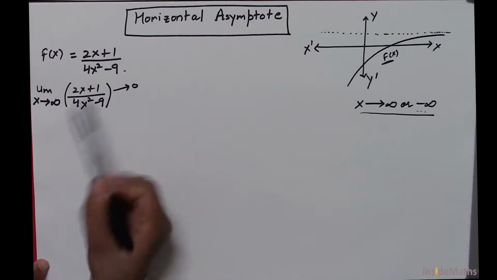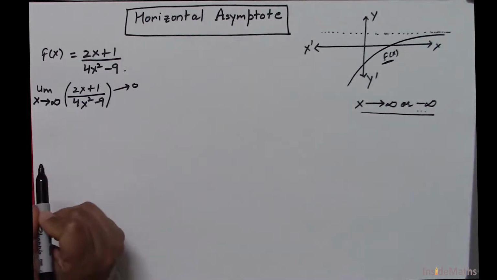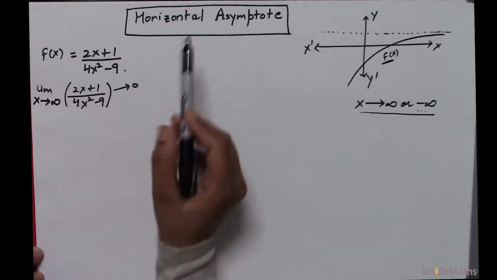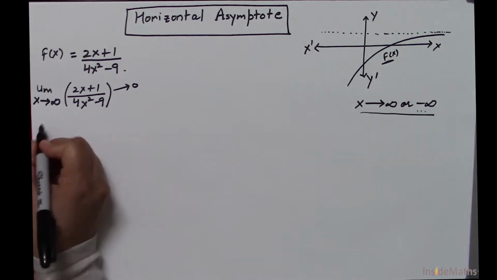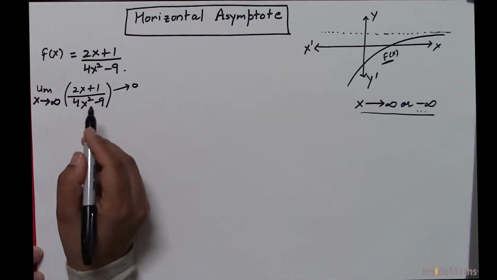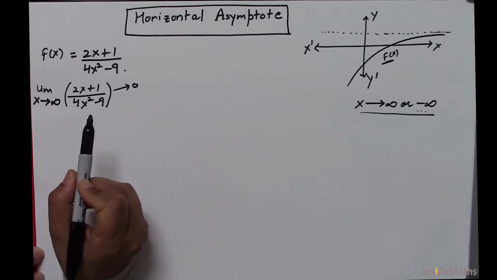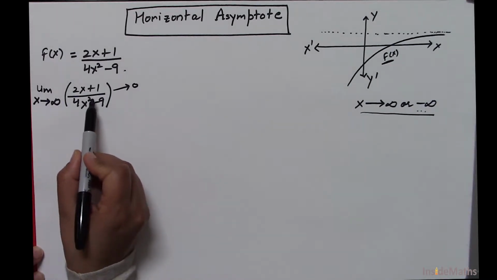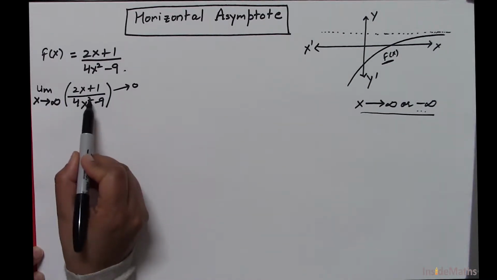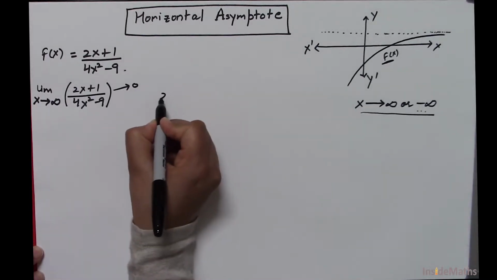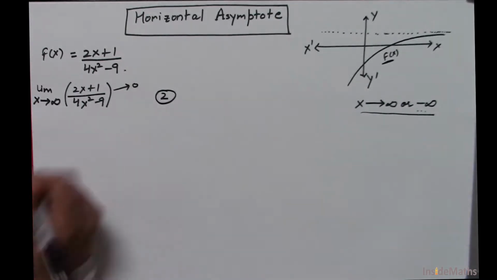So let's do it in some different way which we usually follow when we have to find a horizontal asymptote. So in that method, first we have to find the degree of the denominator, that means the maximum power of x in the denominator, and in this case it's 2.